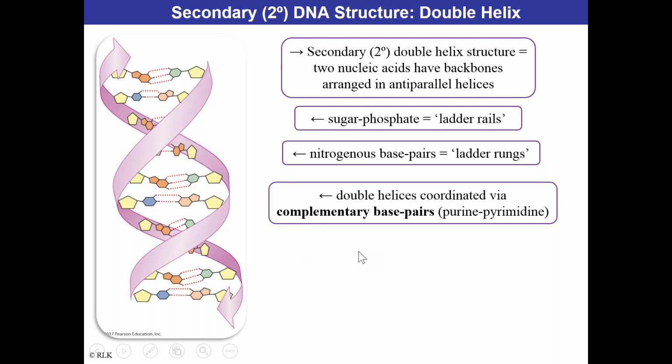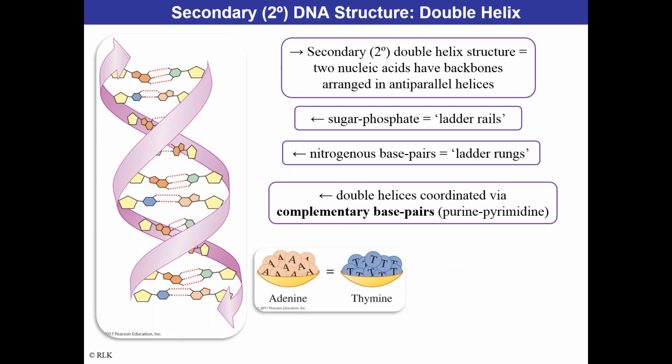So if there can be a certain set of pairs that can come together by virtue of hydrogen bonding and be established as a quote unquote rung on a ladder, then there are rules that we're going to end up following. So there's going to be a purine-pyrimidine complementary base pair rule. That rule is that you're going to have adenine and thymine being one complementary base pair.